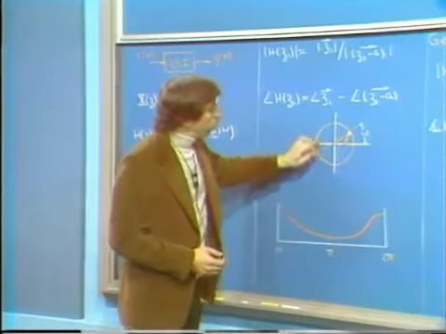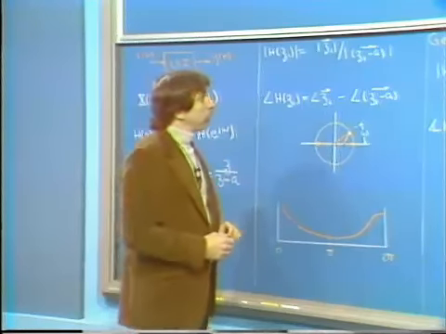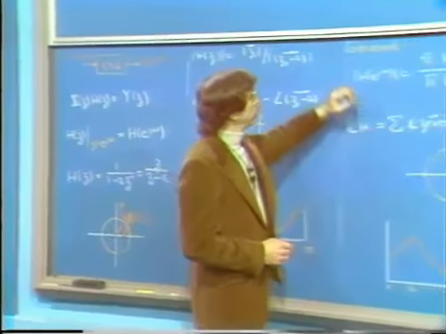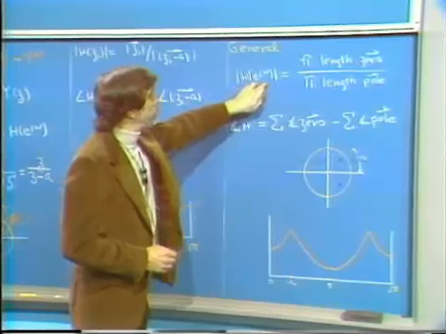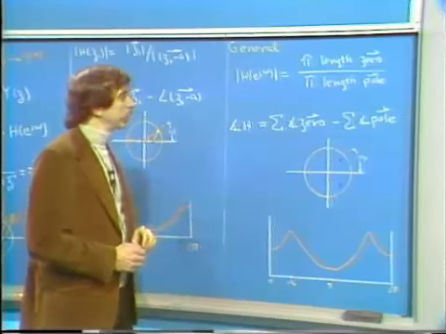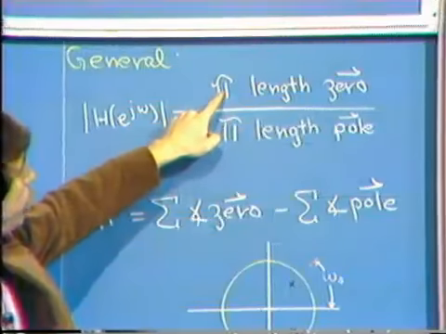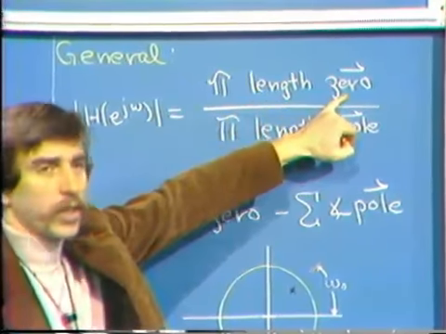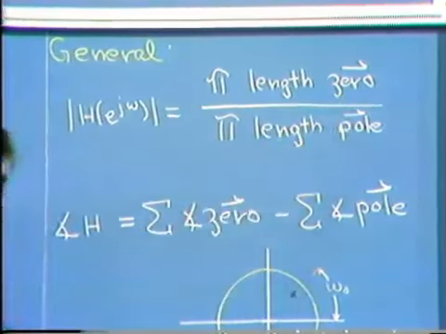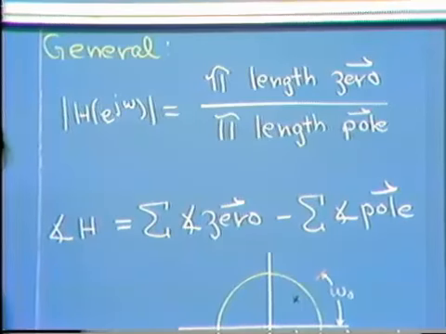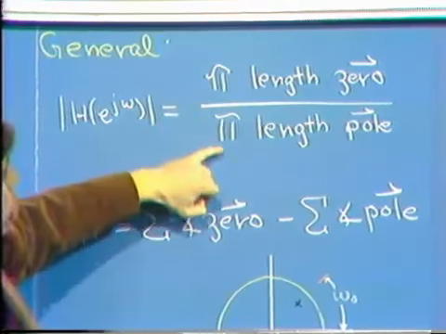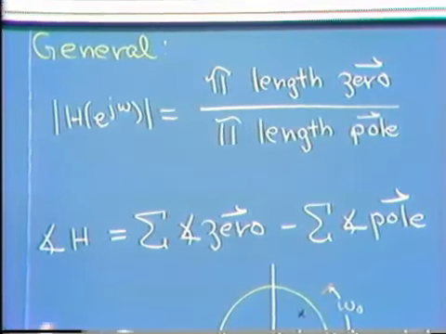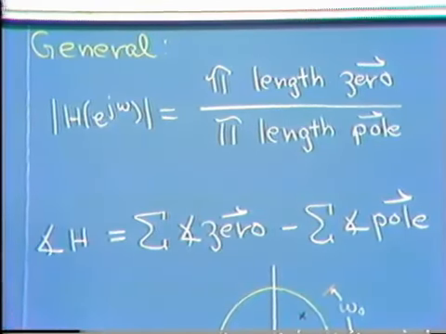Now, this is for one specific example. The more general statement then is that the magnitude of the frequency response is equal to the product of the length of the zero vectors, the vectors from the zeros to the unit circle, divided by the product of the length of the pole vectors, the vectors from the poles to the unit circle.